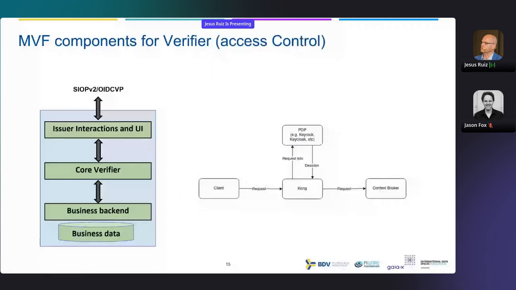And then access control. This is already using, for example, as you saw before, Kong. So there is a plugin of Kong developed by Stefan, by the way, that implements this flow, the flow that you saw. It can use KeyRock or KeyCloak as a PDP.